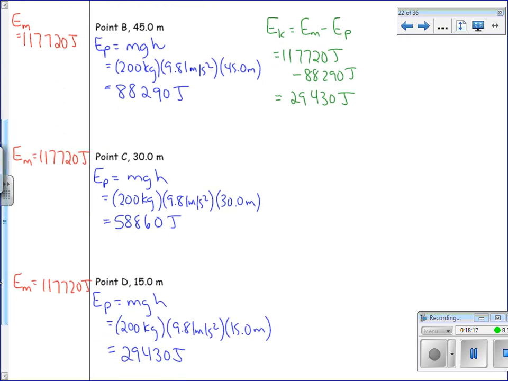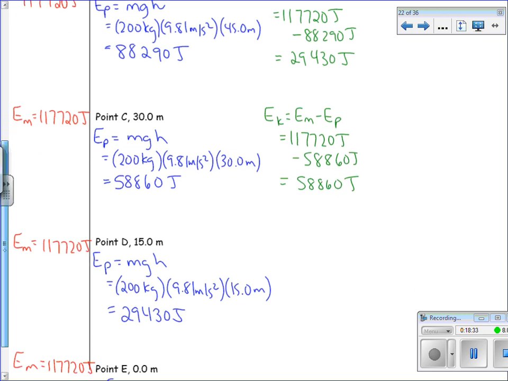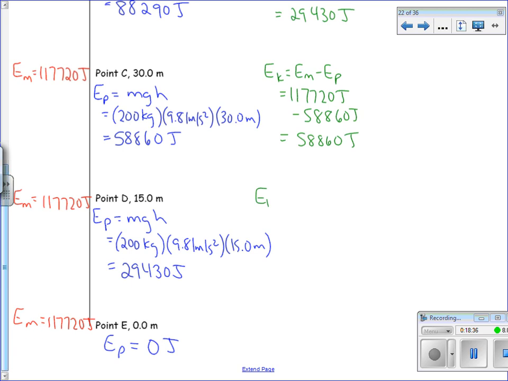At point C, that halfway point, we should get a value that's equal to the potential energy. It's 117,720 joules minus 58,860 joules gives us 58,860 joules. And EK equals EM minus EP at point D, 117,720 joules minus 29,430 joules gives you 88,290 joules.